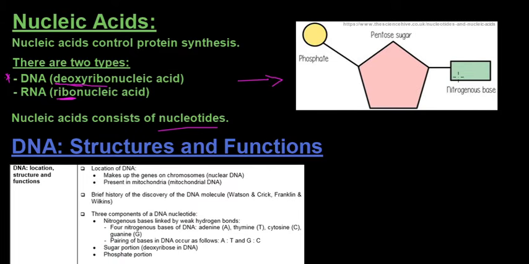A nucleotide consists of a nitrogenous base, a sugar that is a pentose sugar, pent meaning 5, so a 5-carbon sugar, 1, 2, 3, 4, 5, and then a phosphate group attached to the sugar. We'll look at that in more detail just a bit later on in the video, especially with regards to the nitrogenous bases, because there's a rule of thumb that needs to be followed there.